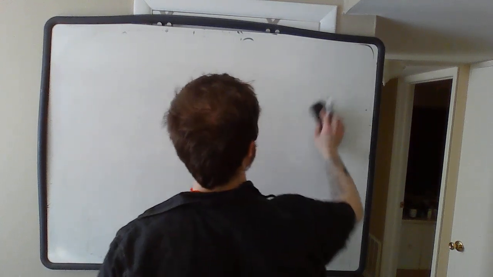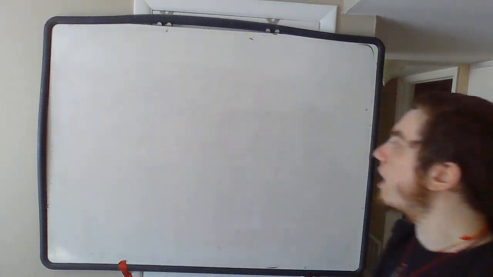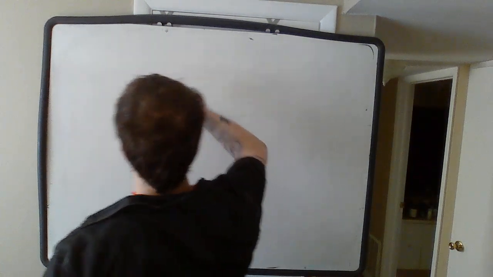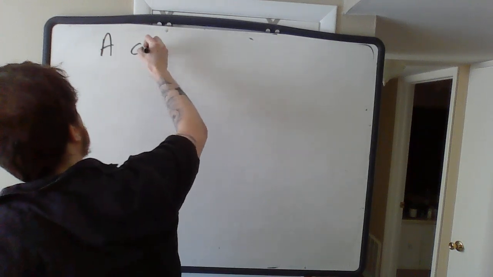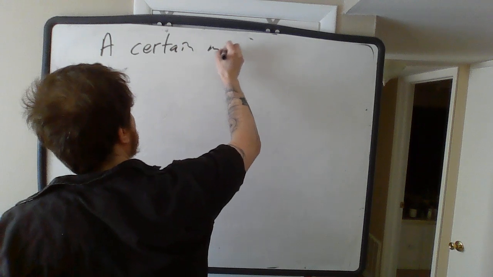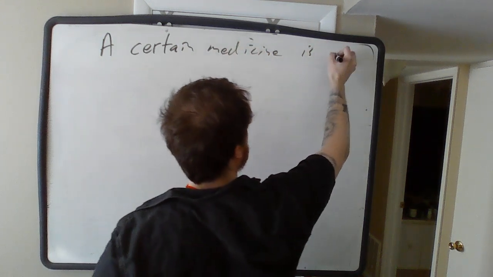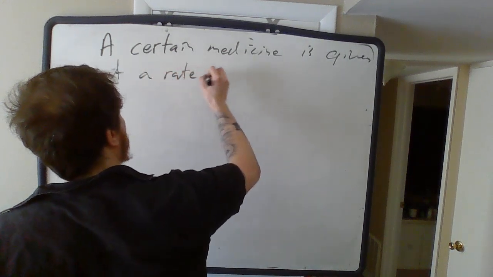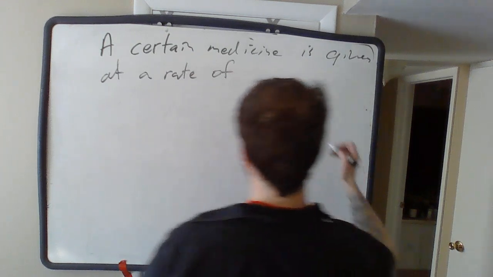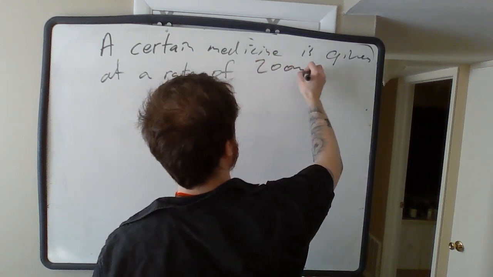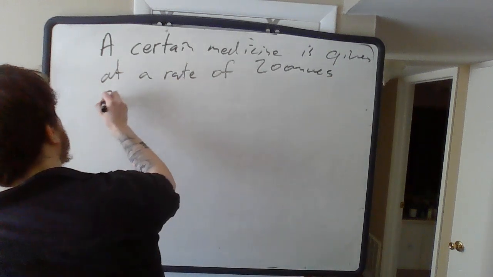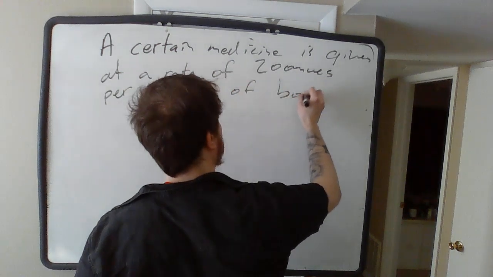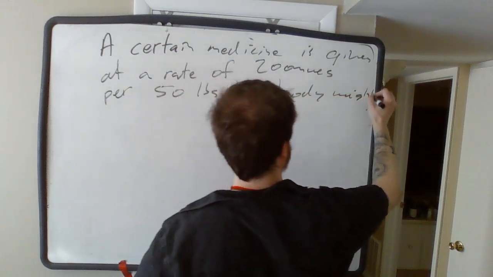So let's first of all start with the following problem. Let's suppose that a certain medicine is given at a rate of 2 ounces per 50 pounds of body weight.